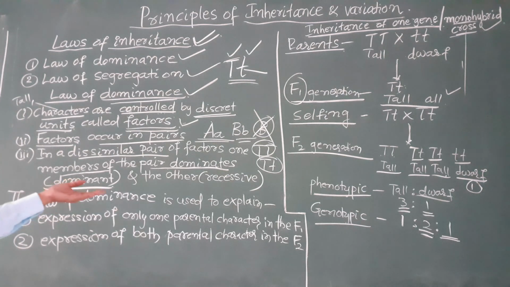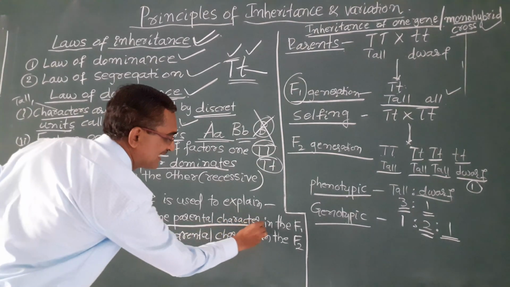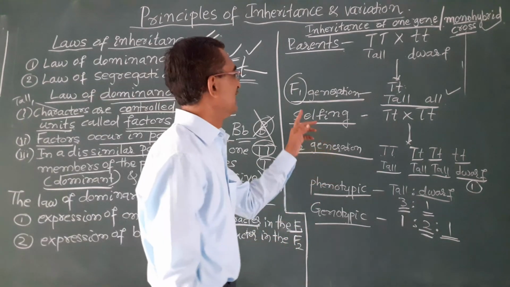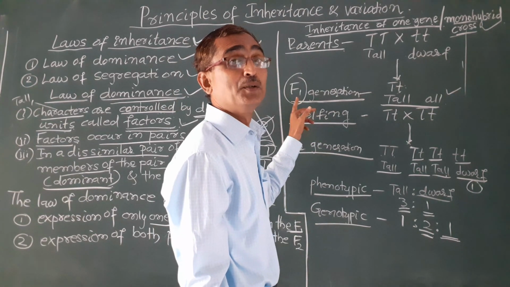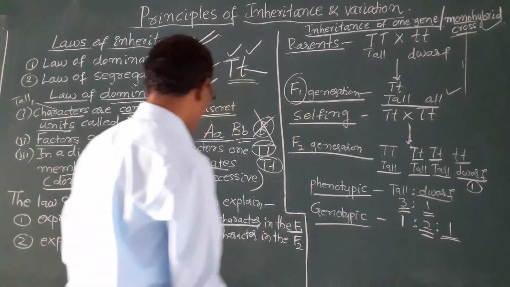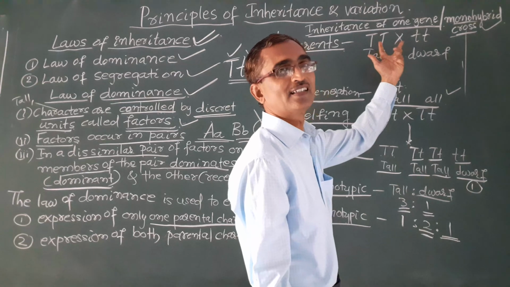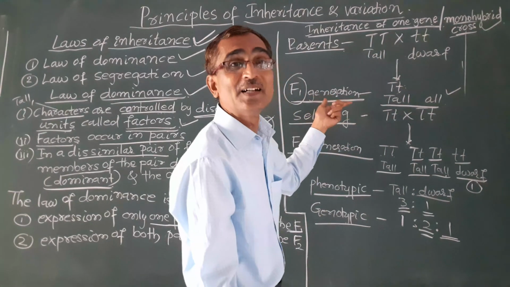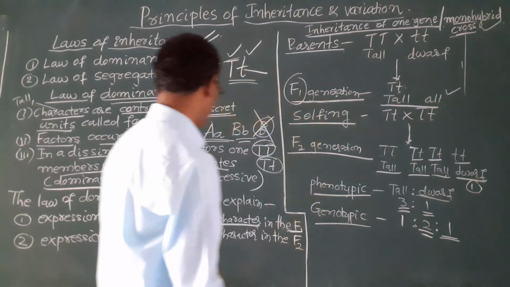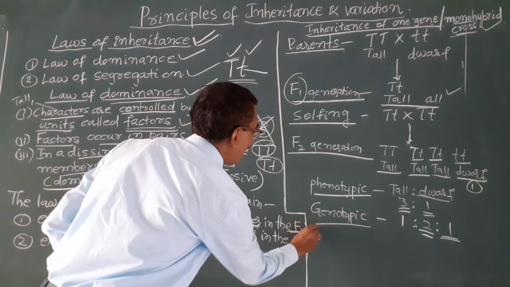The law of dominance is used to explain the expression of only one parental character in the F1. There are two parental characters here, tall and dwarf, but only one parental character is expressed in F1.